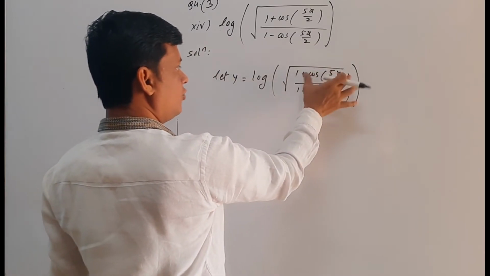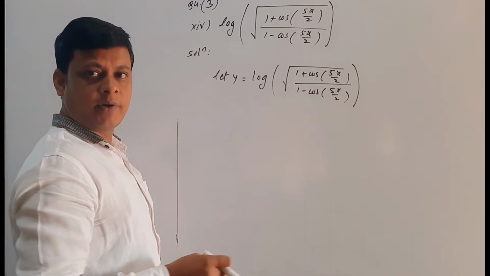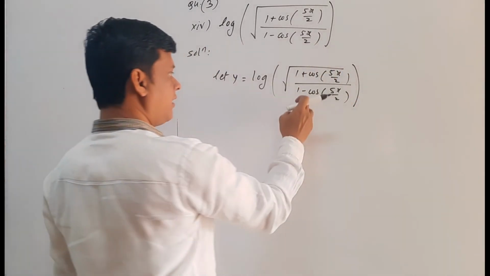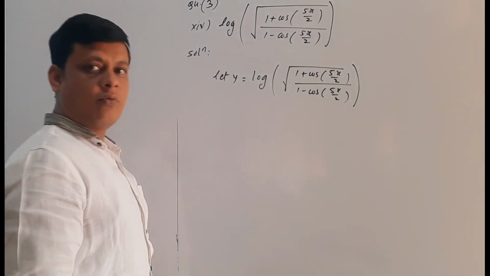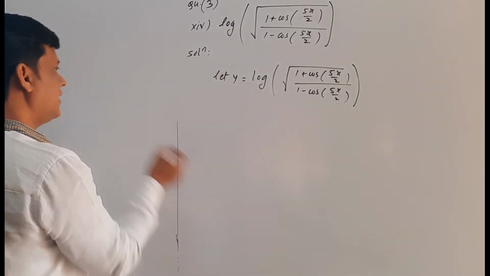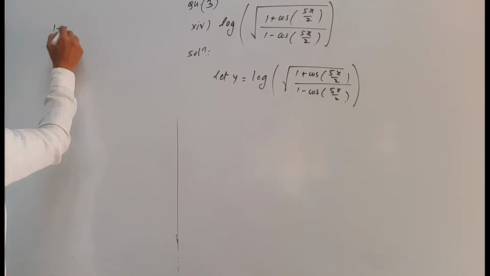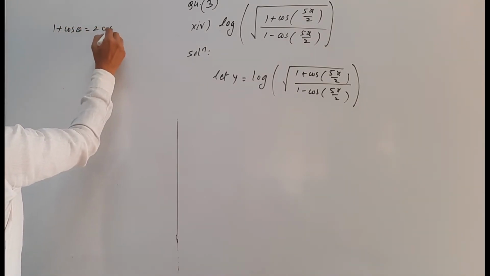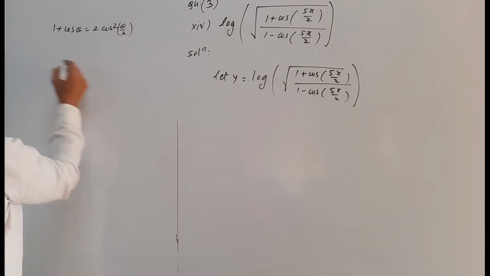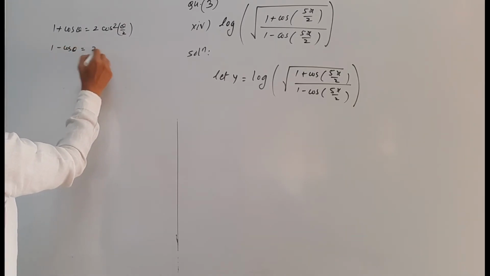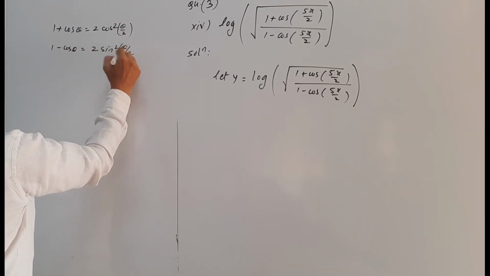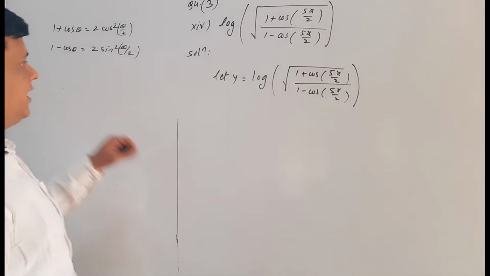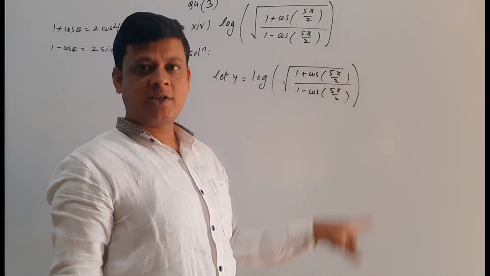Here in the numerator we apply the 1 plus cos theta formula, and in the denominator we use the 1 minus cos theta formula, that is 1 plus cos theta is equal to 2 cos square theta by 2, and 1 minus cos theta is equal to 2 sin square theta by 2. Now here in place of theta we have the value 5x by 2.